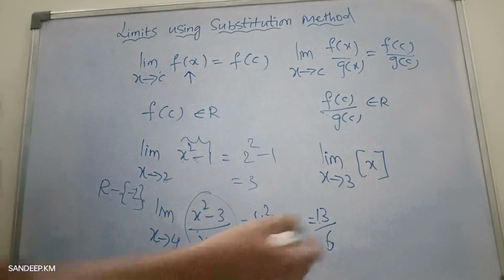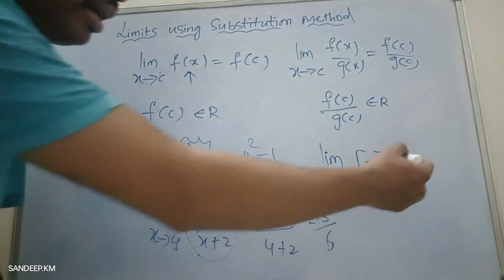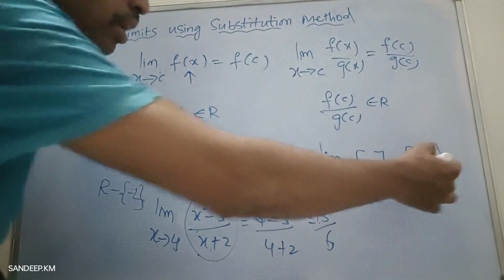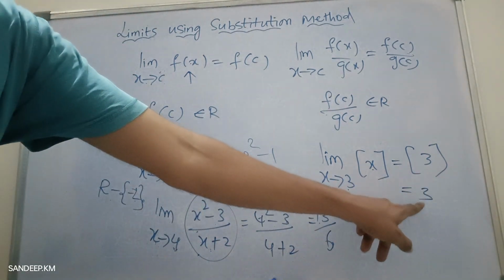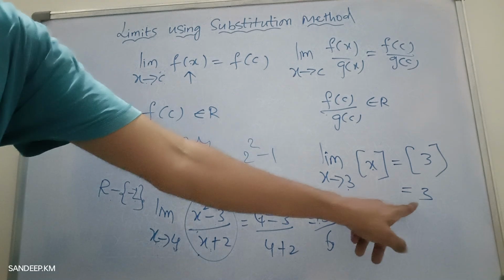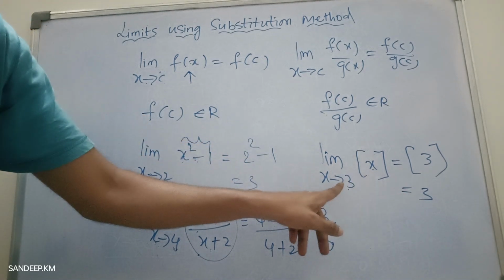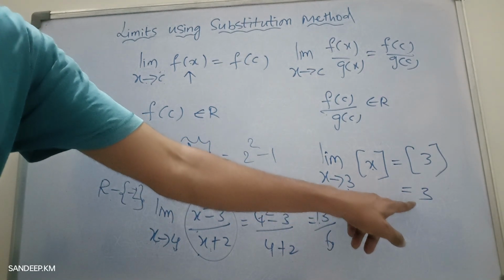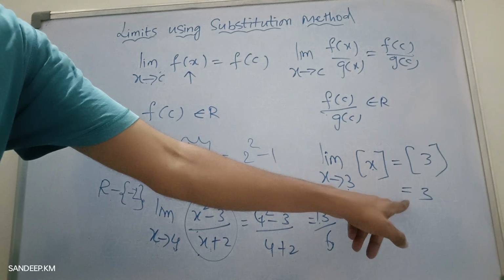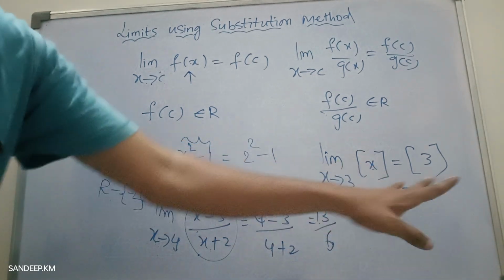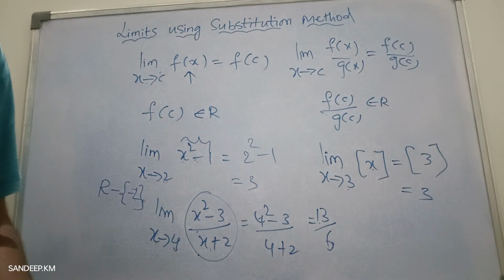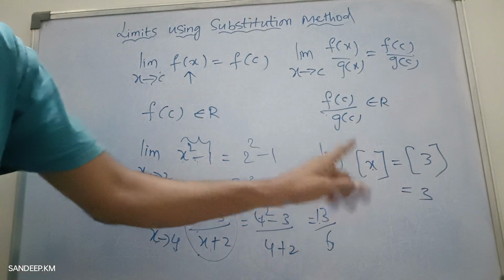If you substitute 3 in place of x, you will get step of 3, which is 3. The answer is a finite number. So does it mean that the limiting value of the function is 3? Can I say that by substitution method we got the answer as 3, therefore the answer is 3? No. Here the substitution method is a failure.